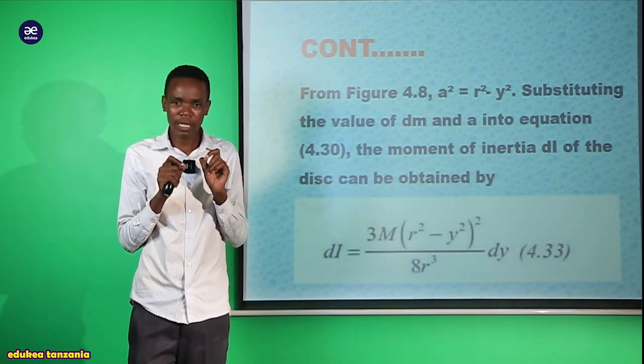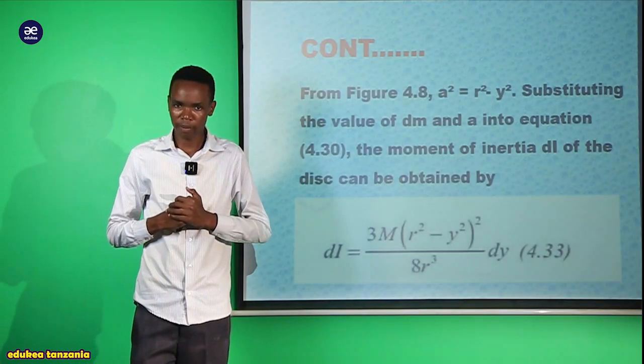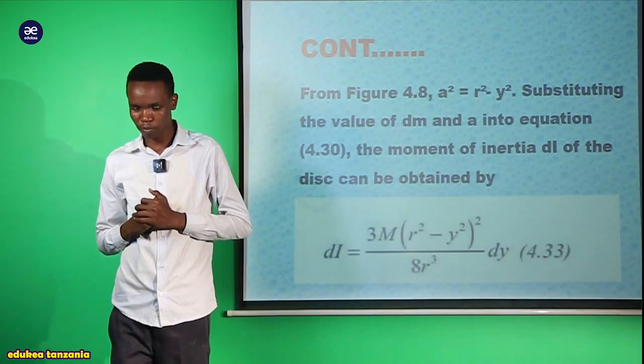The a square represents the radius of the elemental disk. That is what we tried to see.